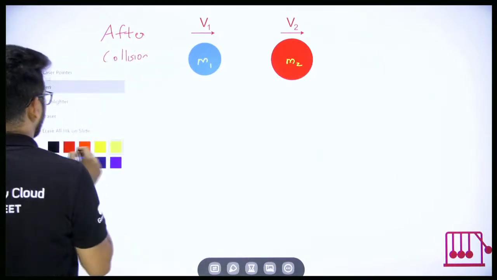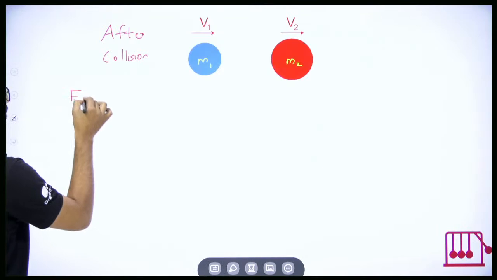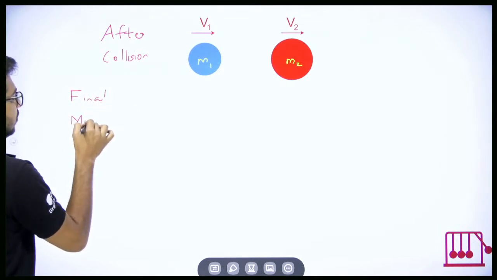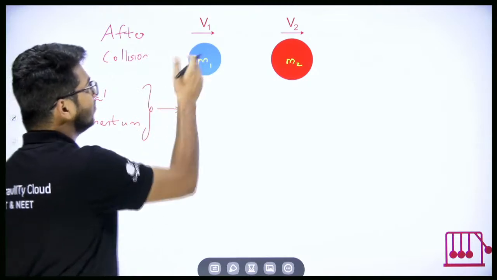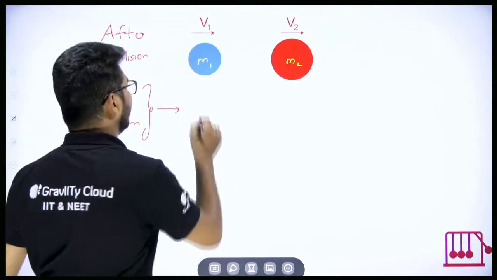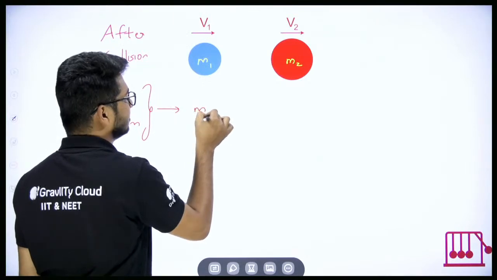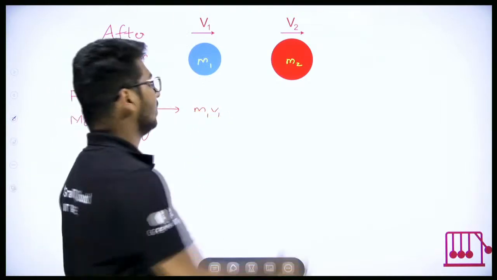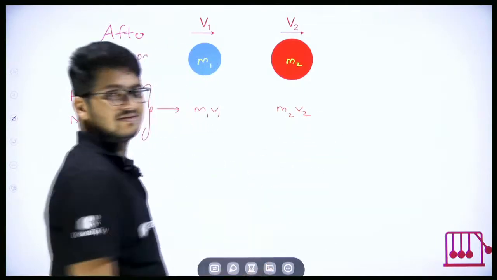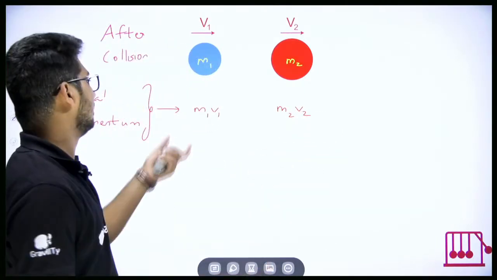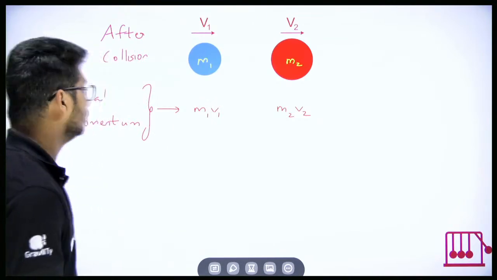Here we talk about which momentum? We'll call it the final momentum. For m1, the velocity is v1, so the final momentum is m1 v1. For mass m2, the velocity is v2, so it is m2 v2. Simple?